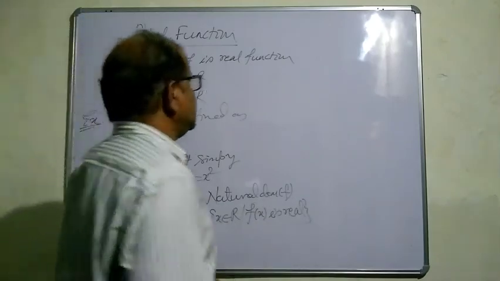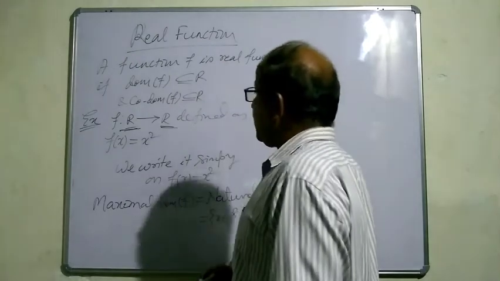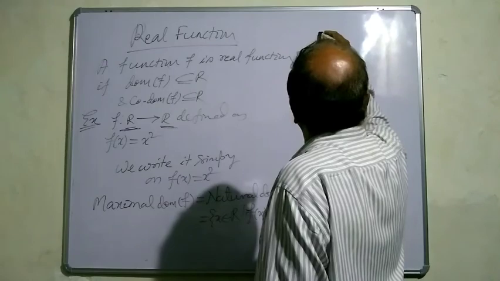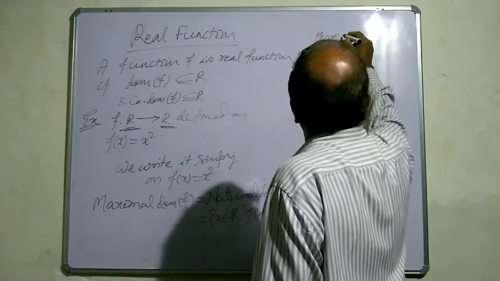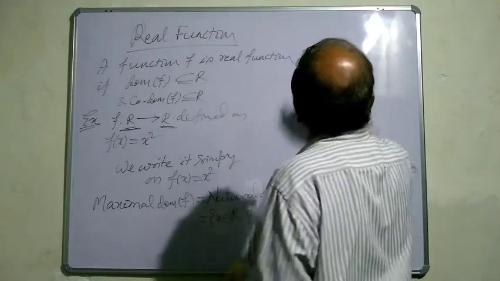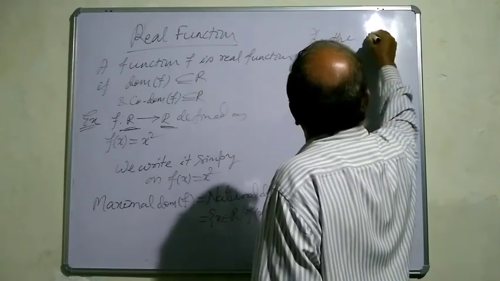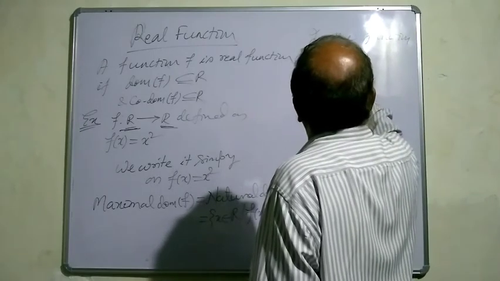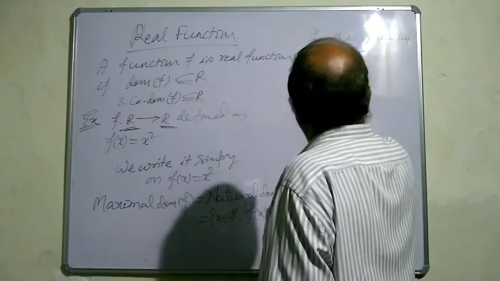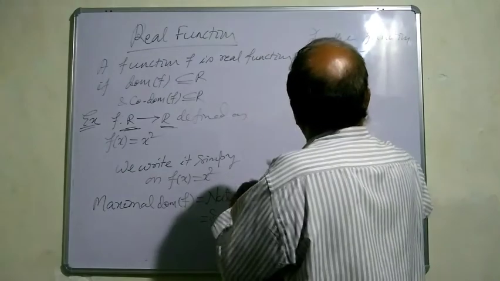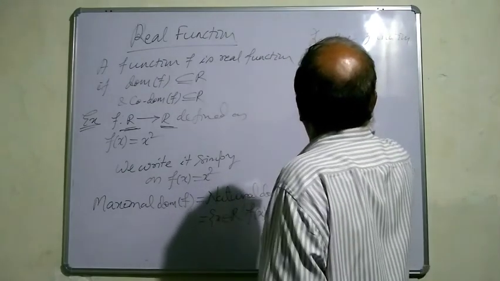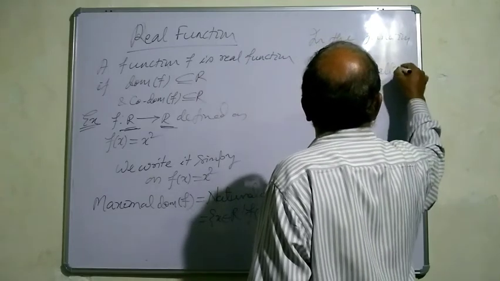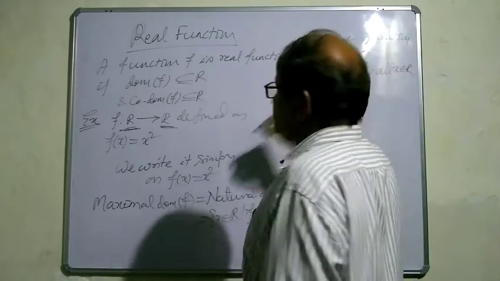In the above example, the function f(x) = x square, f(x) is real, x square is real for all x belongs to R, right?